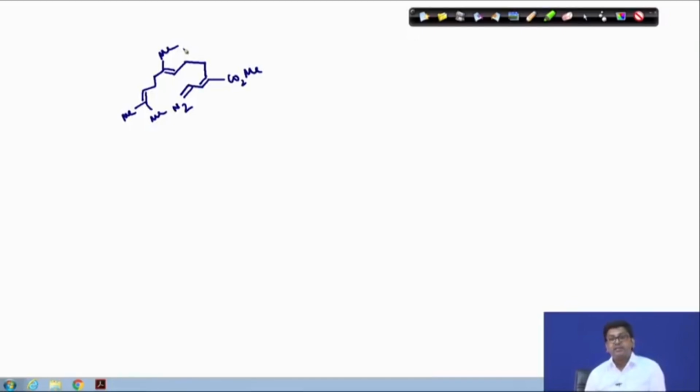In previous cases we have seen that the metallocarbene and the olefin reacted in an intermolecular way, but in this case the precursor for the carbene and the olefinic part are both present in one single molecule. So, this is a beautiful case where the carbene can react intramolecularly. Okay. Let us see how it reacts.